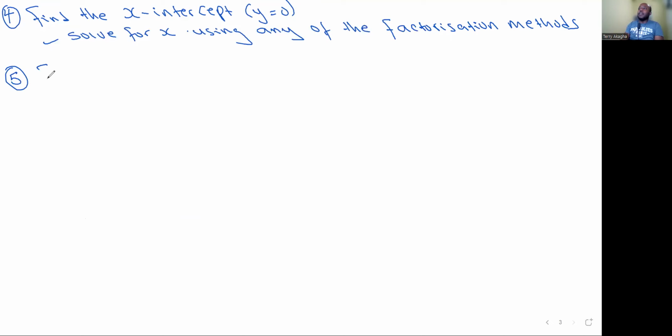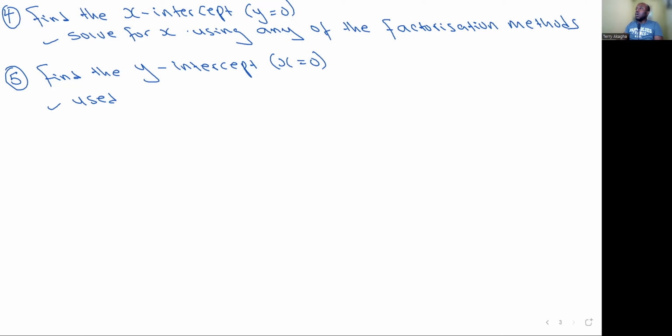So you have to then find the y-intercept. And like I told you, for the y-intercept, x is equal to 0. So the same thing, you use all the previously discussed steps. I've talked about how to find the y-intercept. Basically, anywhere you see x, you put 0, okay?